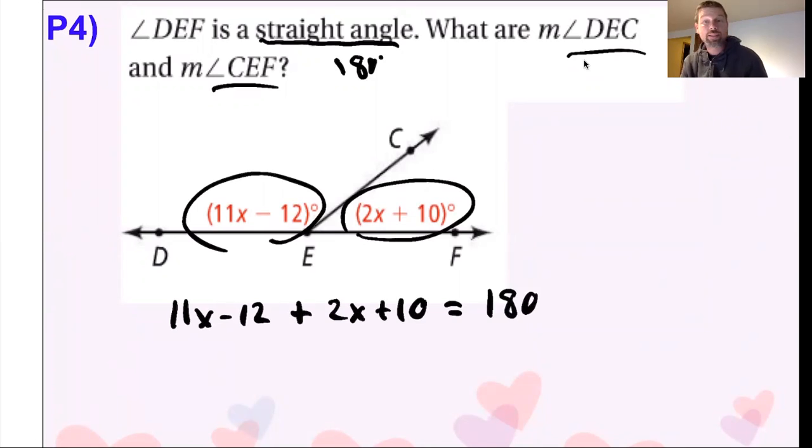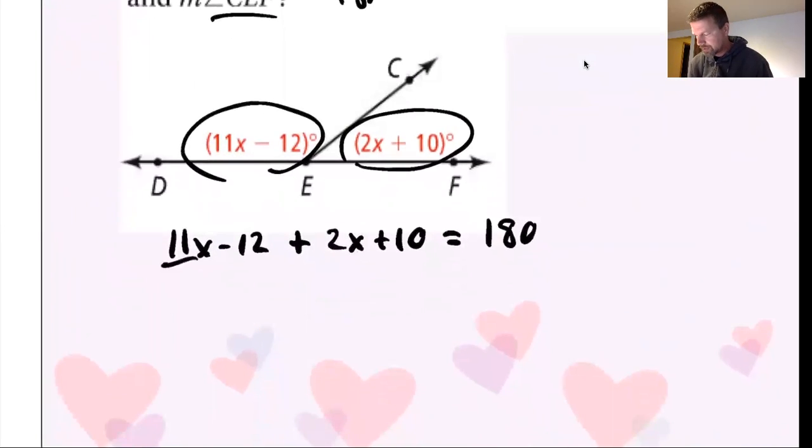We did a problem like this in our last video, right? We had x's on the same side and we could combine them together. That's called combining like terms. So I can combine this 11x and that 2x. That would be 11 plus 2, that's 13 x's. And I can combine this negative 12 and that positive 10. Negative 12 plus a positive 10 is a negative 2, so I'm going to write minus 2.